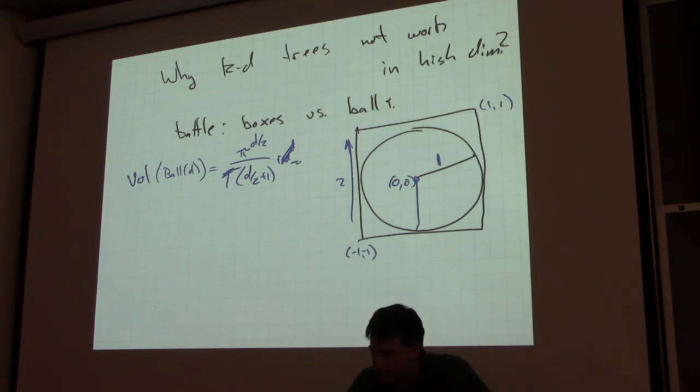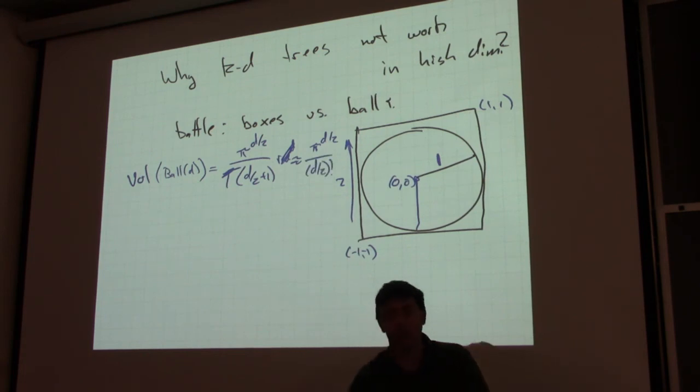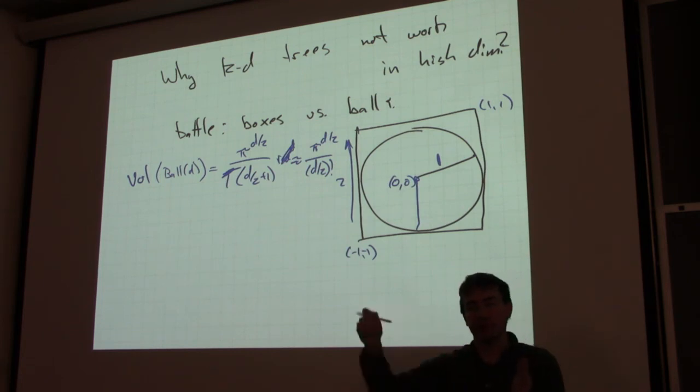So in every other dimension, this is exact. For the other dimensions, it's something weird, but it's pi to the d over 2 divided by d over 2 factorial. So that's 1 times 2 times 3 times 4 up to d over 2.